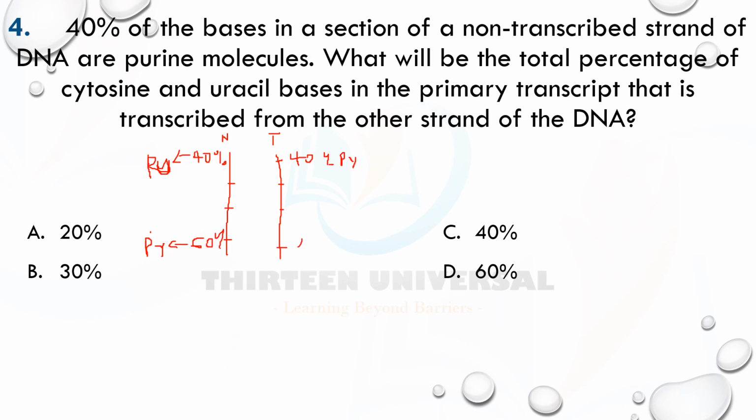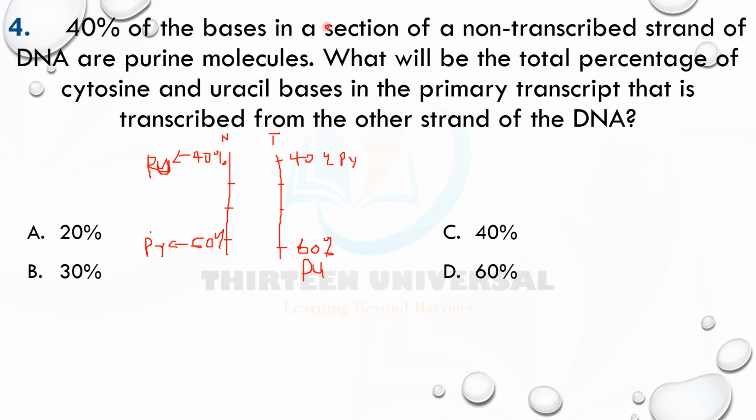So watch me carefully: 60% of purine, Pu, in the transcribed strand. So we're not doing badly.